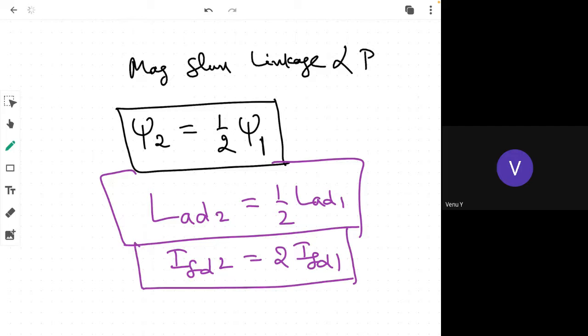Because of these reasons, the field current must be doubled. Okay, that is the first point.